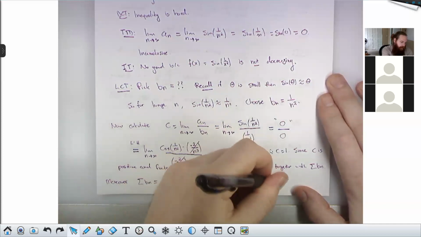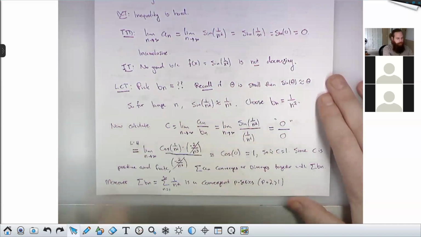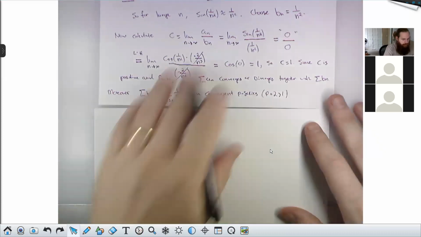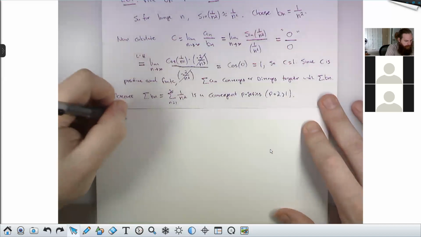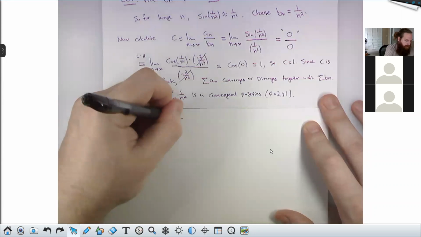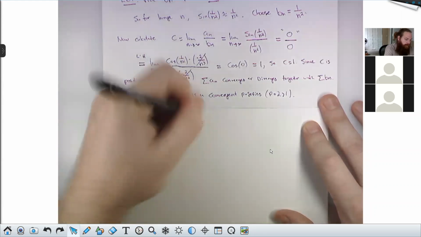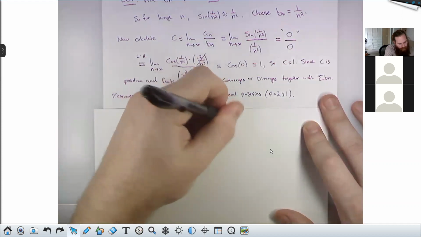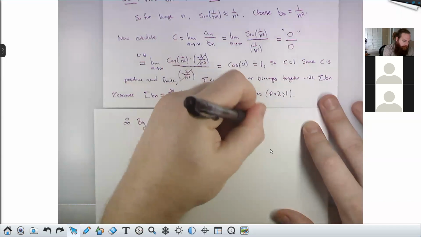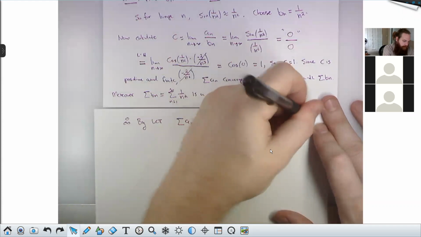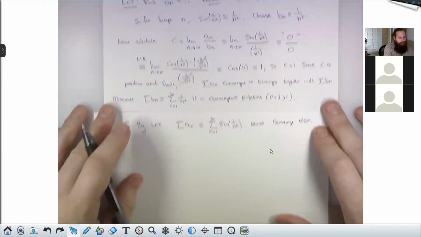P is equal to 2, which is bigger than 1. Therefore, by LCT, sigma an, which is my series, sigma n from 1 to infinity sine of 1 over n squared, must converge also. And that's the argument done.